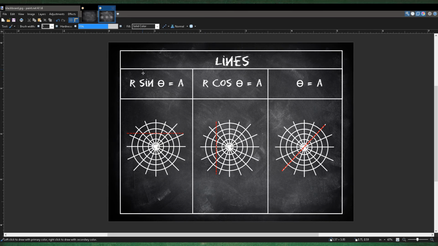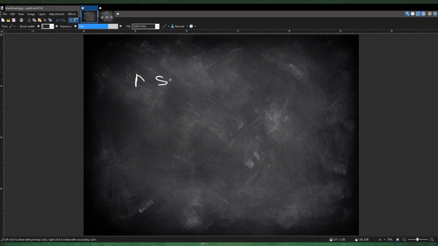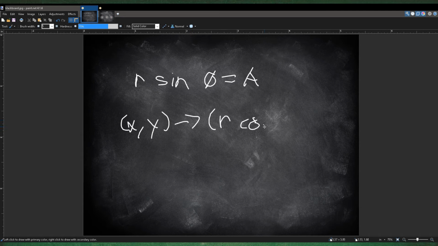Let's focus on the horizontal line first. You have r sine of theta equals a. Remember the property we set from x to y: x equals r cosine of theta, and y equals r sine of theta.